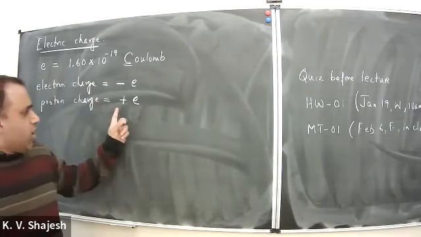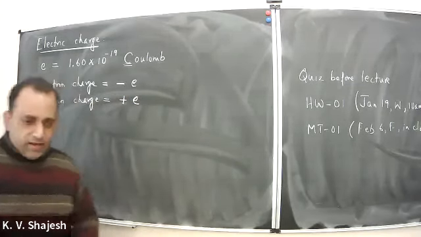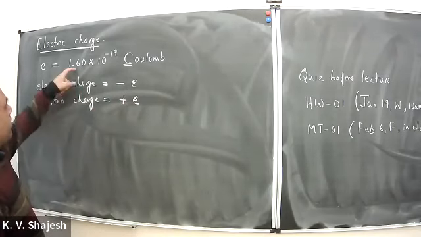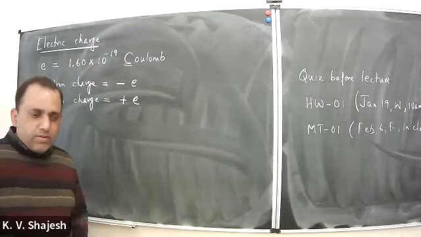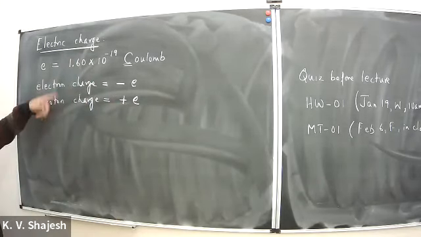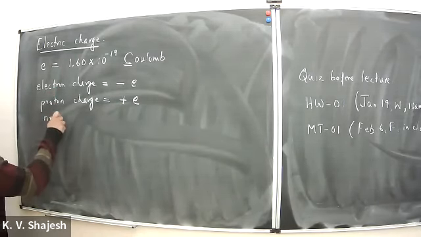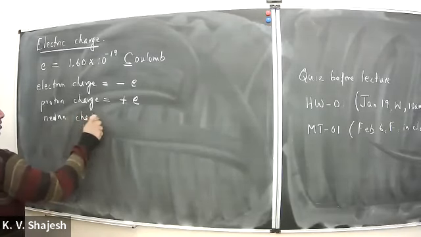And to our knowledge, this is exact to all the decimals. It doesn't matter where you truncate your value. Here I have written it in terms of 3 significant digits. Even if you were to keep it to 10 significant digits, even then they cancel out exactly to our knowledge. Neutron is neutral. Neutron is 0.